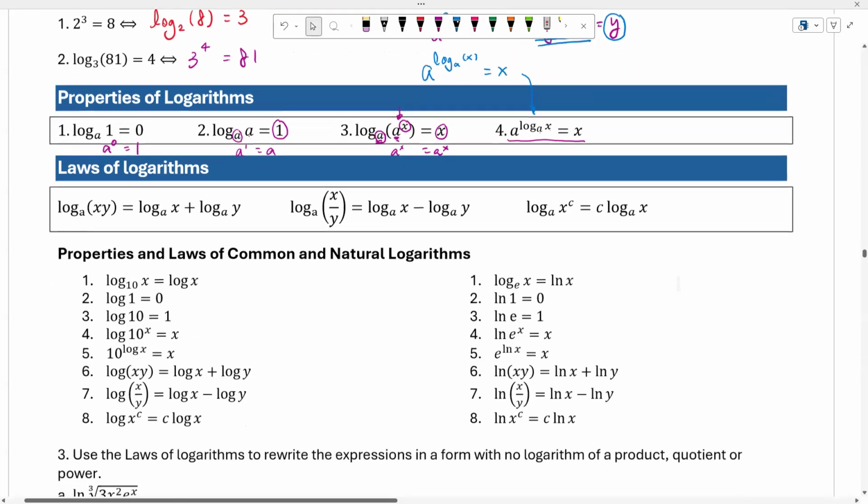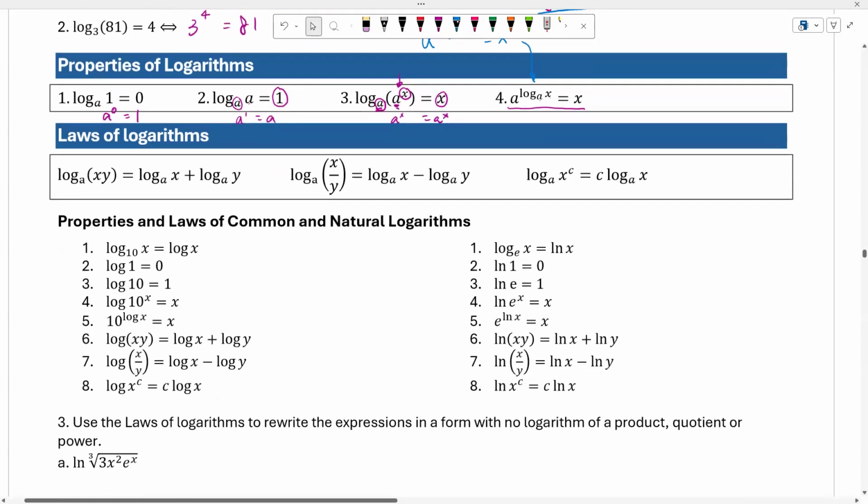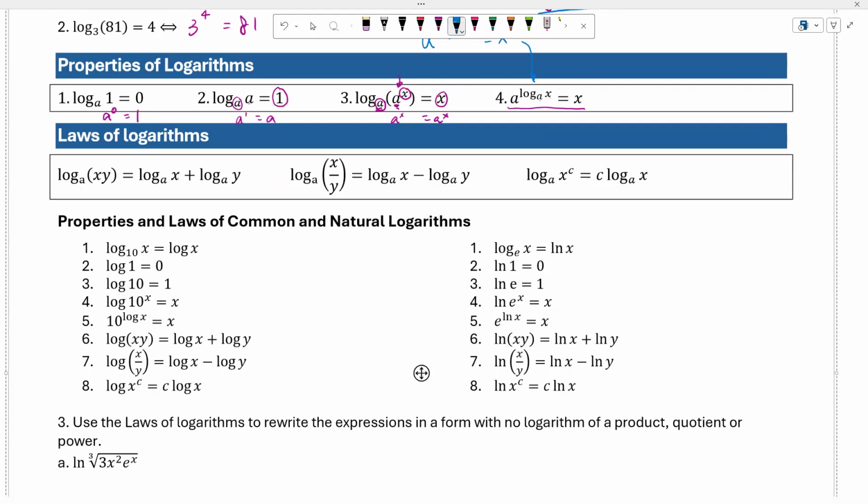And then, of course, you also know that we have the 3 laws. If we have log base a of x times y, then we will be able to rewrite this into the sum of 2 logs, log base a of x plus log base a of y. Log base a of x over y, we could rewrite into the difference of 2 logs, log base a of x minus log base a of y.